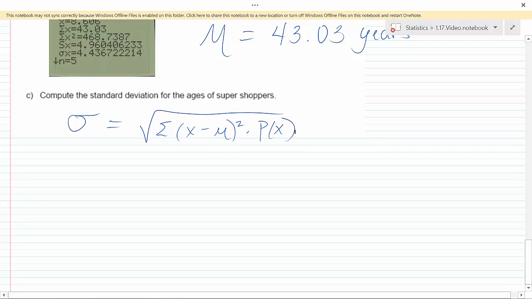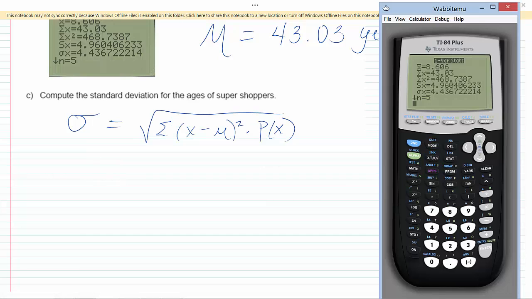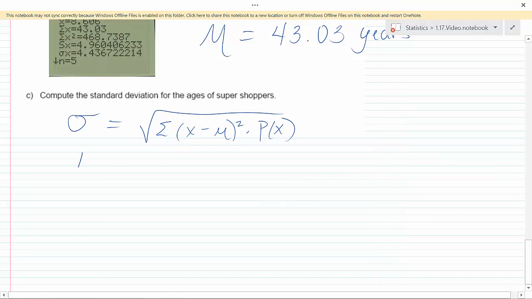So again, I'm going to go back to my calculator. This time what I'm going to do is clear my home screen. I already have my x's and my p of x's in L1 and L2. So I'll make a note of that. L1 is my x's, L2 are my p of x's.